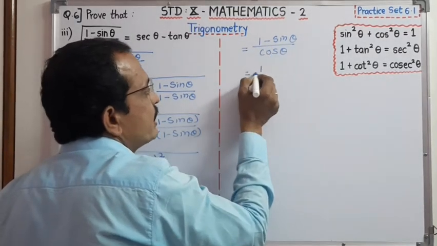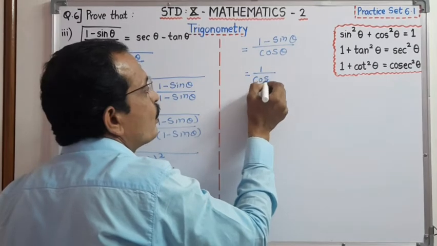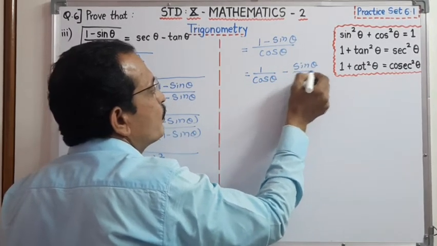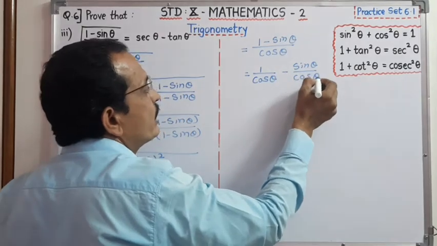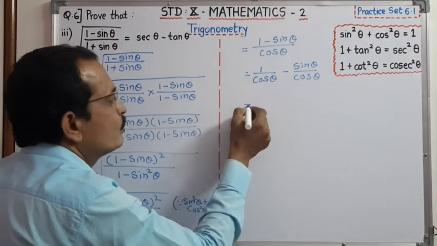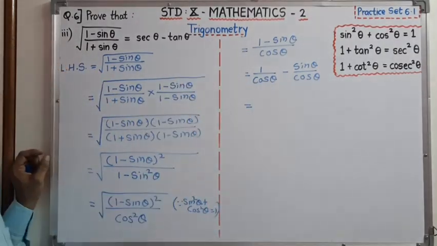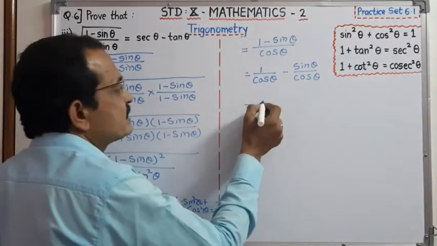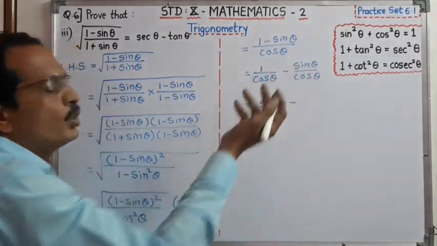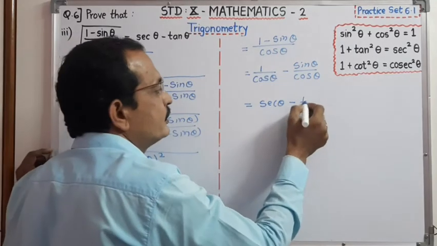That means we can write here 1 upon cos theta minus sin theta upon cos theta. We write this denominator separately. Now, dear student, 1 upon cos theta, we know that 1 upon cos theta means sec theta, minus sin theta upon cos theta, it is tan theta.